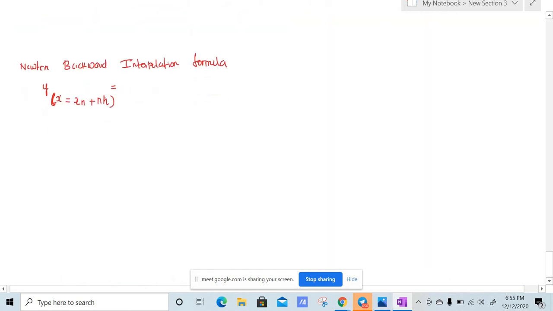So y of x is equal to xn plus nh, which is equal to yn. There you use y naught, here it will be yn plus n by 1 factorial. You will use nabla yn. That's the difference between forward and backward: there you use delta, here you use nabla.